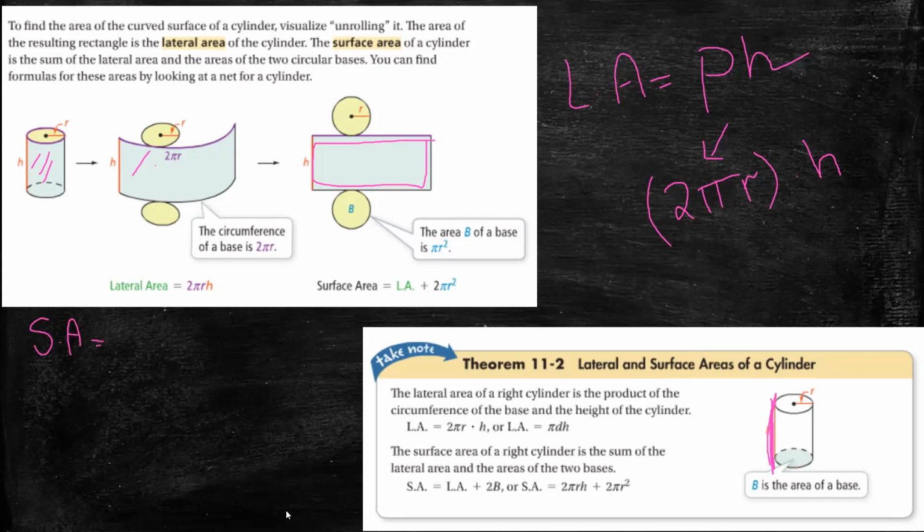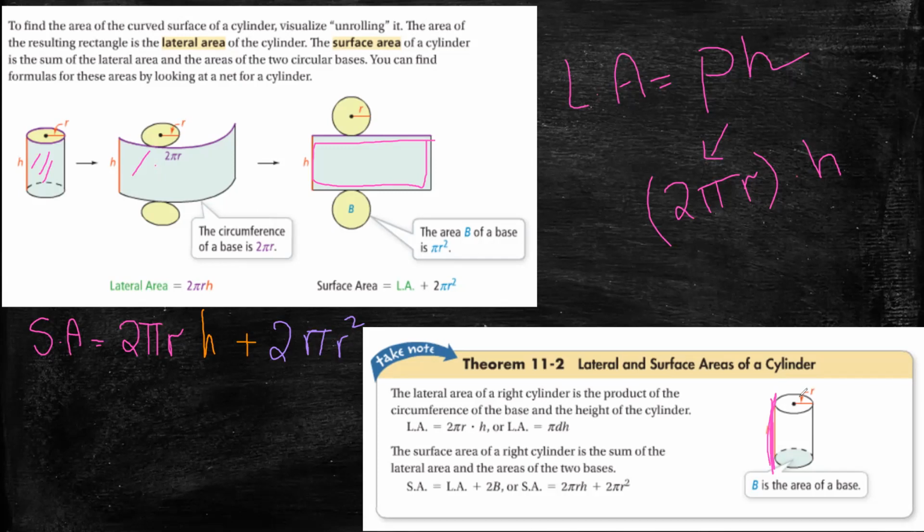So the surface area will be the lateral area, which is 2πr, the perimeter, times the height, plus 2 times the area of the base, 2πr squared.